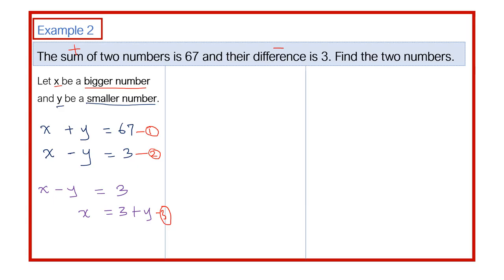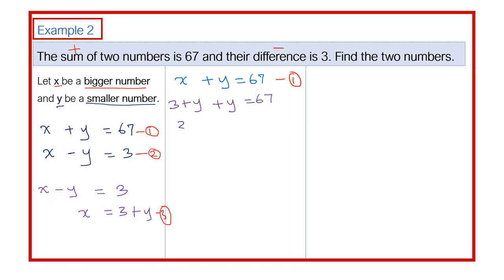So let us now use equation 1. x plus y equals 67. We know that this is equation number 1. So x is 3 plus y, then plus y equals 67.